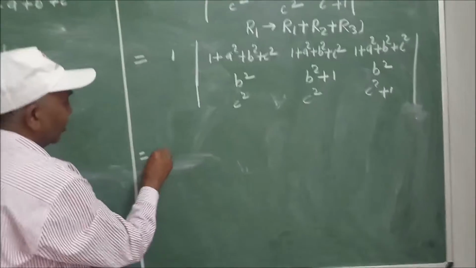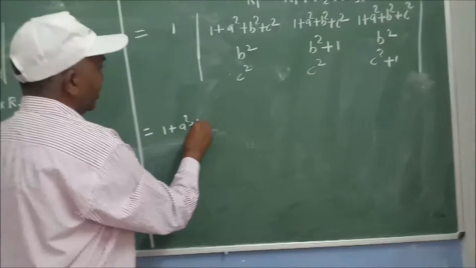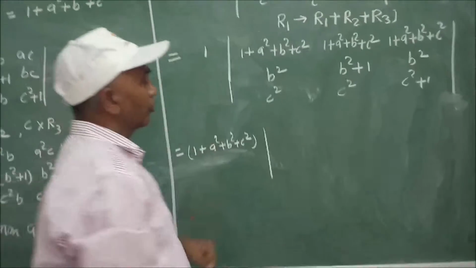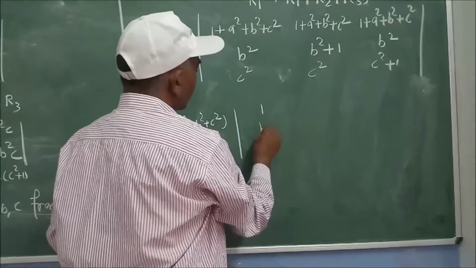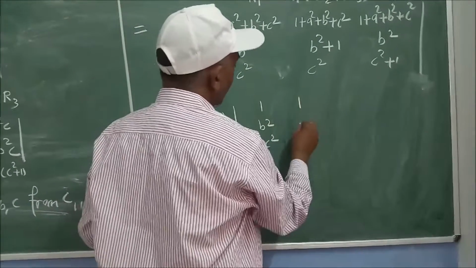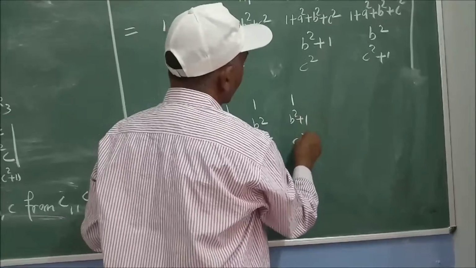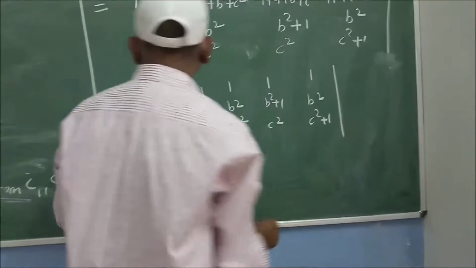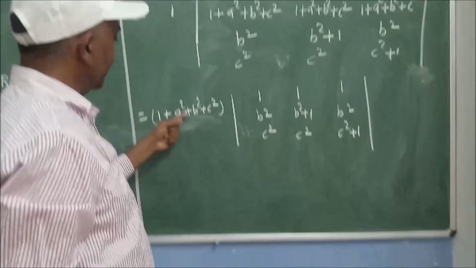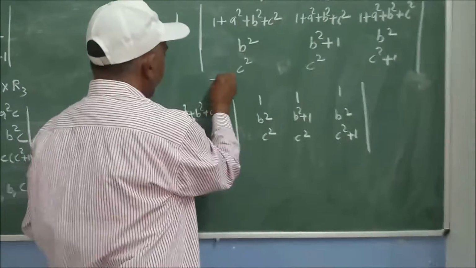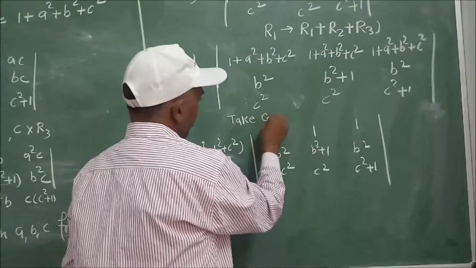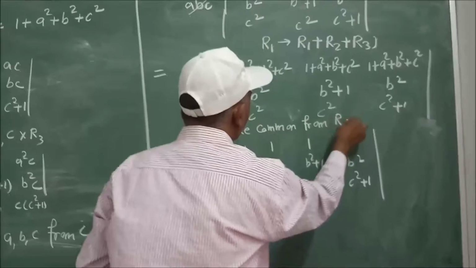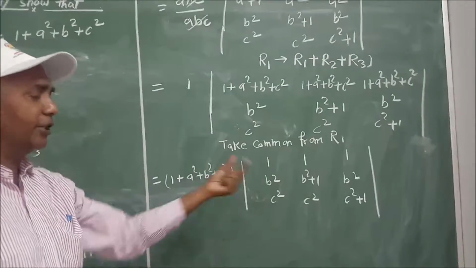The remaining elements will be 1, b square, c square in the first row, then 1, b square plus 1, c square, and 1, b square, c square plus 1. So we take 1 plus a square plus b square plus c square common from R1.